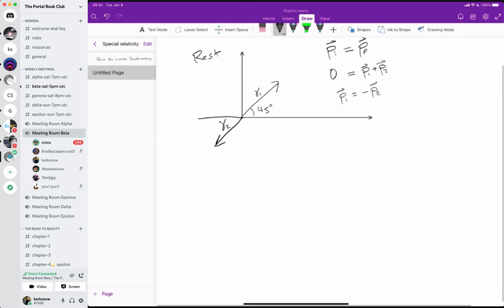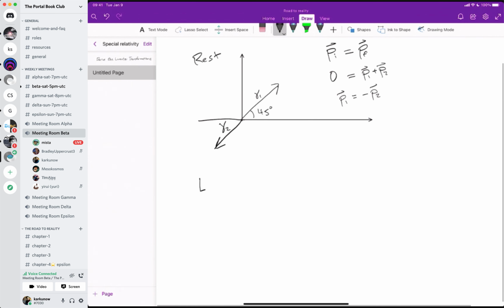And then if you want to do it in the lab frame, you have the pion coming in, and then it decays into 2 photons. And what we're wondering is, what is theta lab? That's what we're trying to figure out.